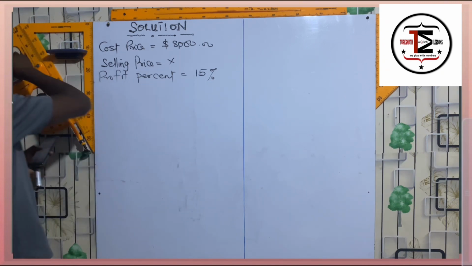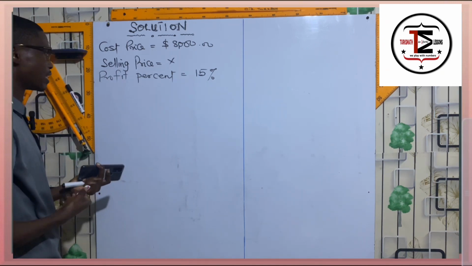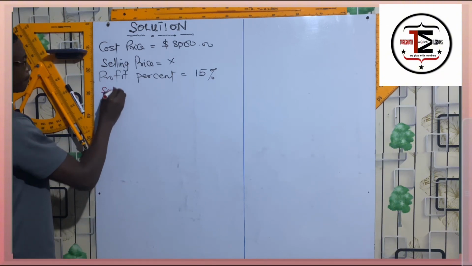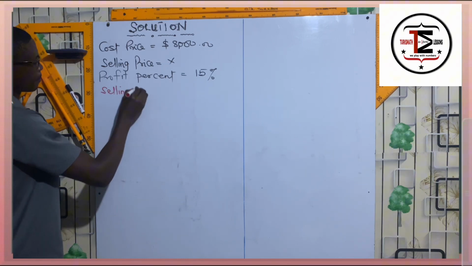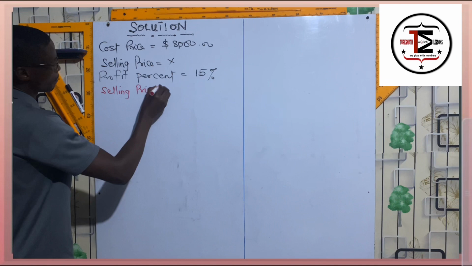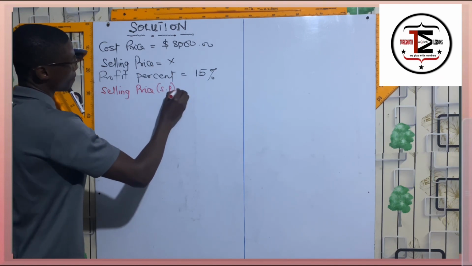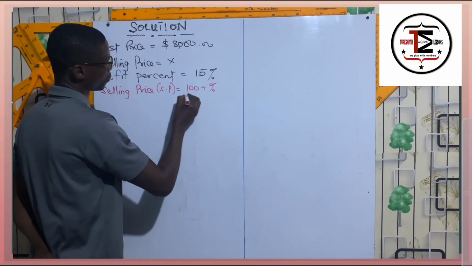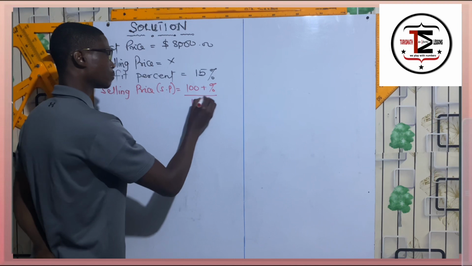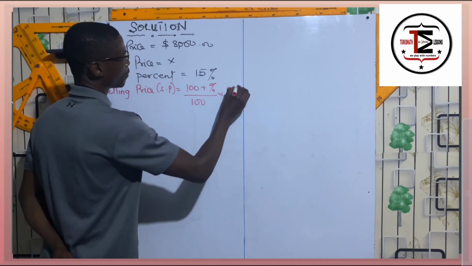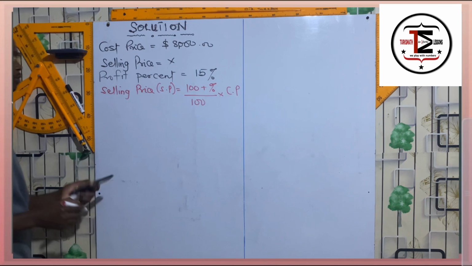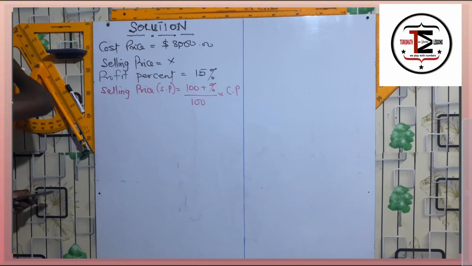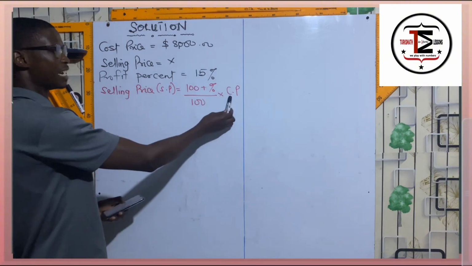You know the formula? To get your selling price here, we say that, where CP means cost price.